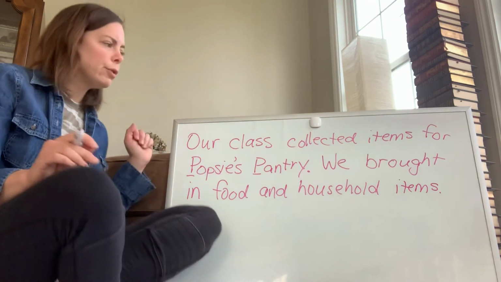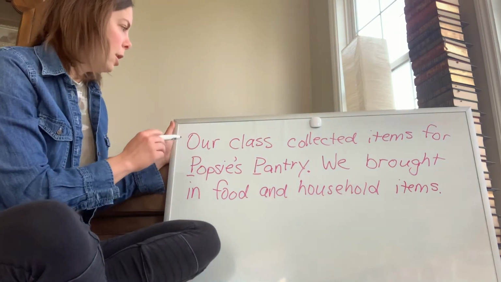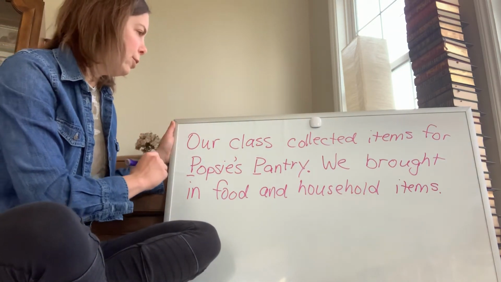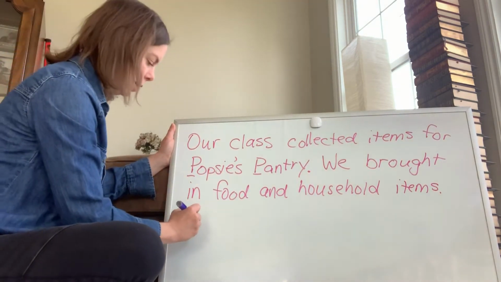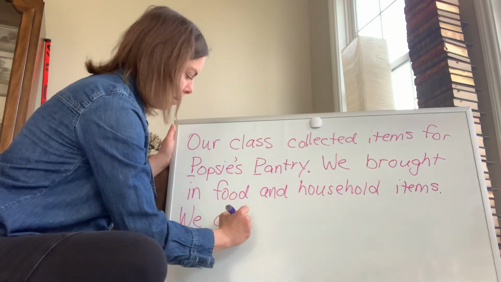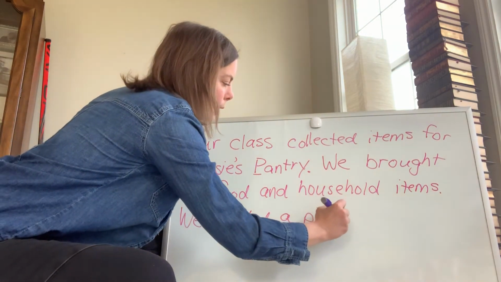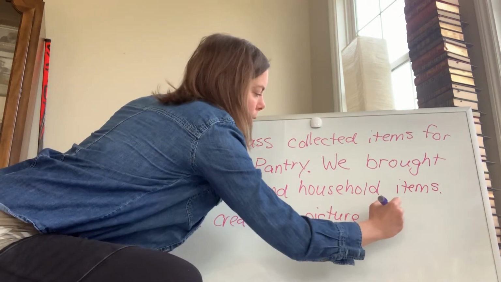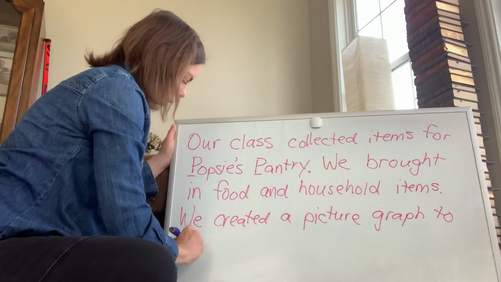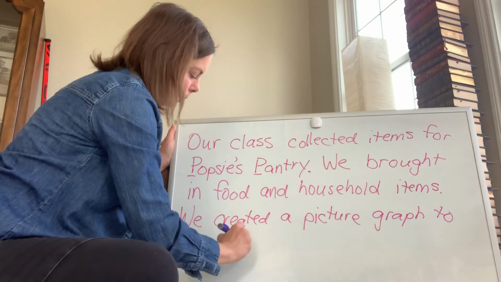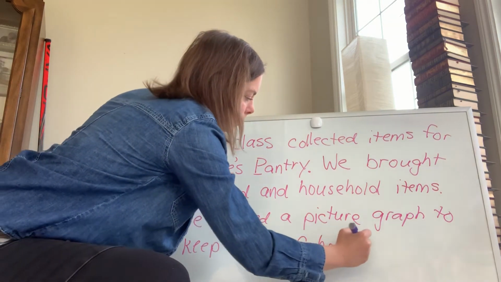What did we do after we collected the items? We created a graph. So we brought in food and household items. New sentence. We created a picture graph to keep track of how many items we had.